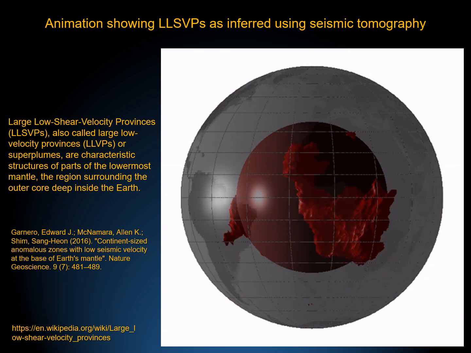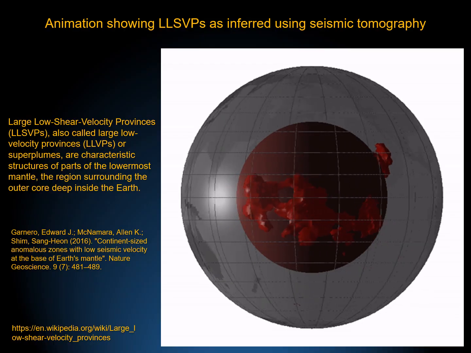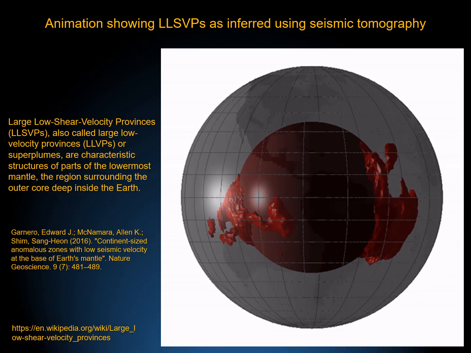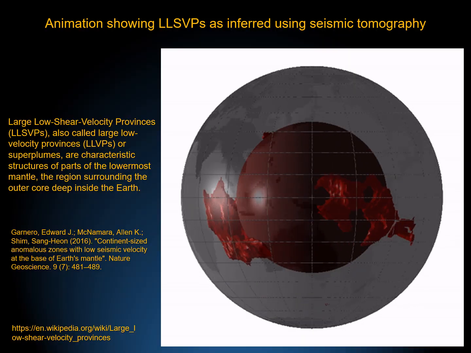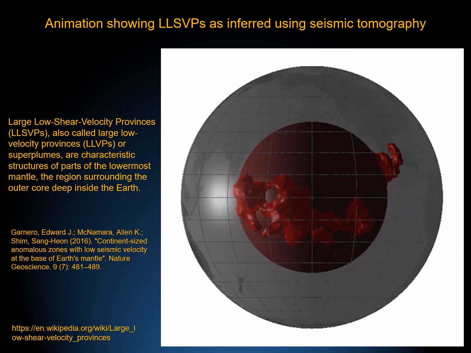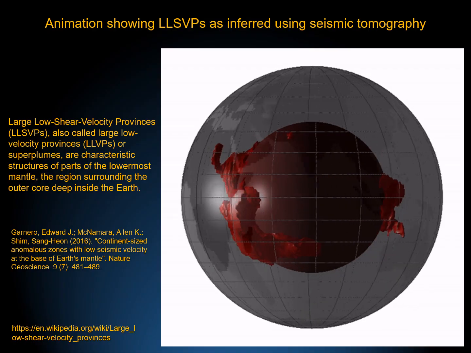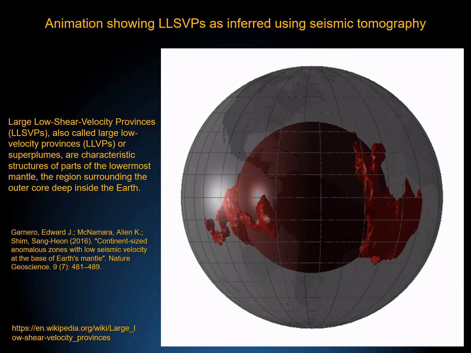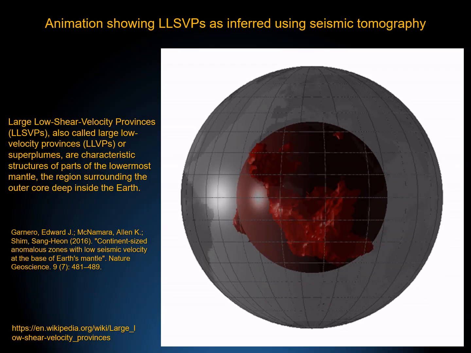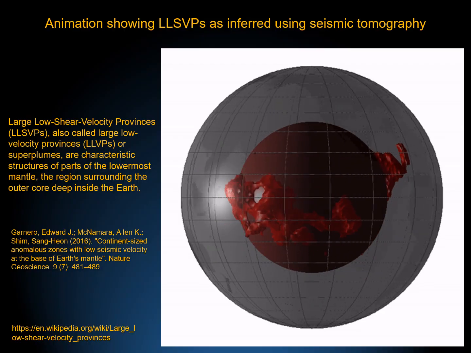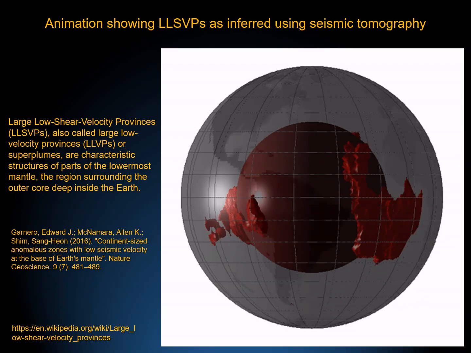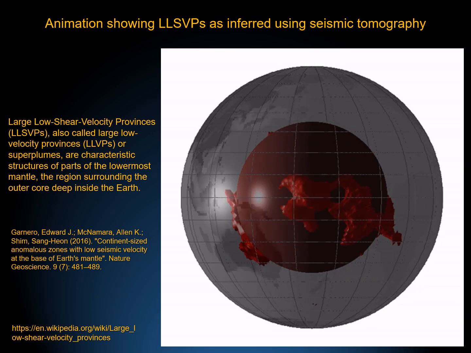There is considerable geological literature in the journals concerning the origin of the large low shear velocity provinces. One can see from the rotating image here of these provinces that much of the geoid residuals presented in the previous images coincide with these large low shear velocity provinces.